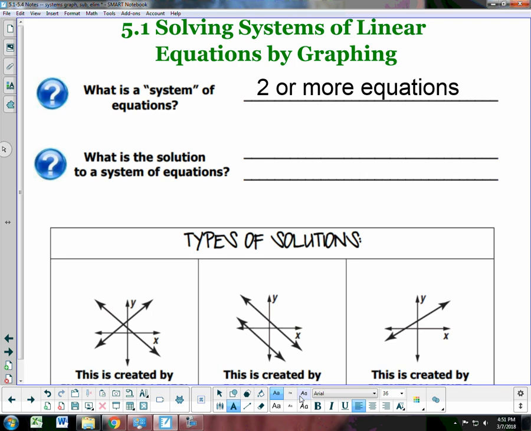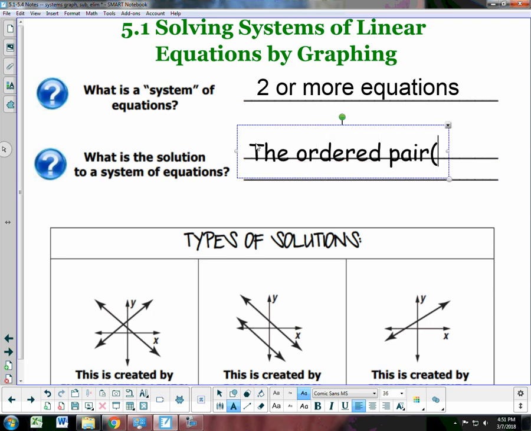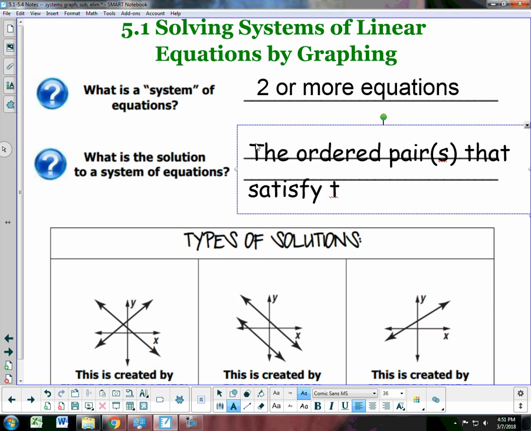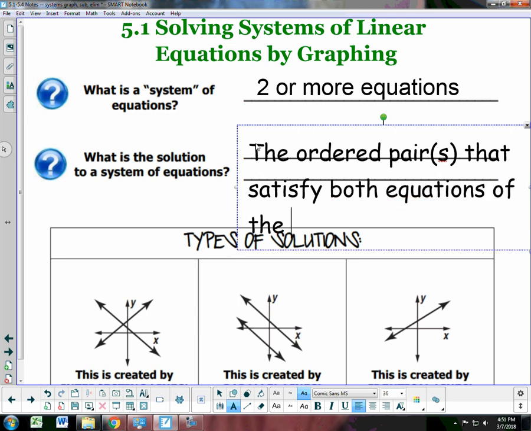All right. Then, what is the solution to a system of equations? It is the ordered pair or pairs that satisfy the system, that satisfy both equations of the system.